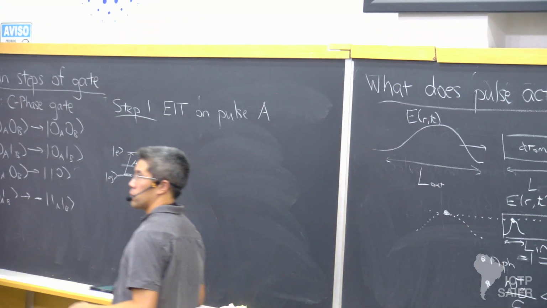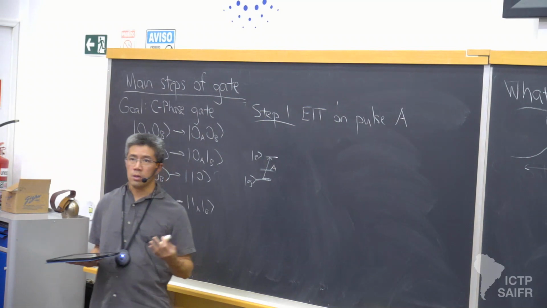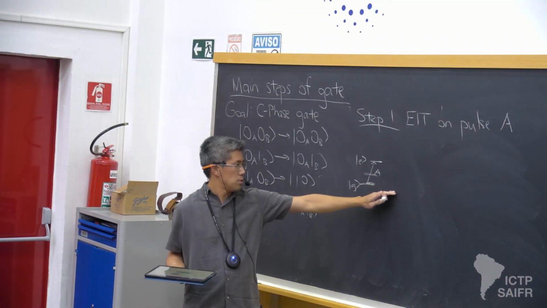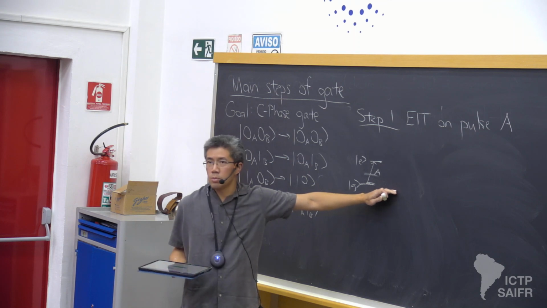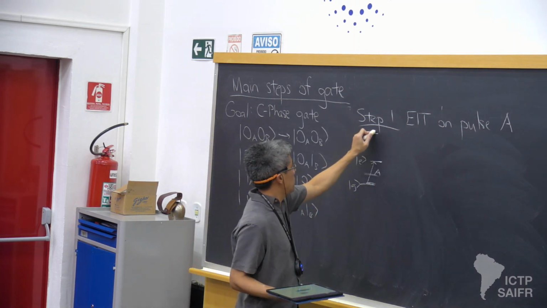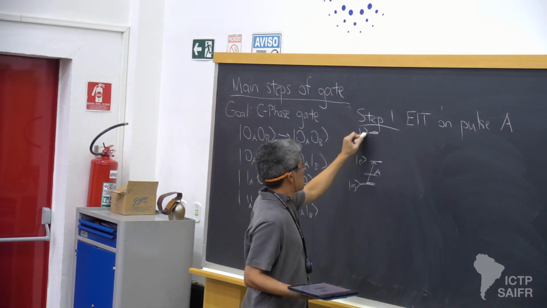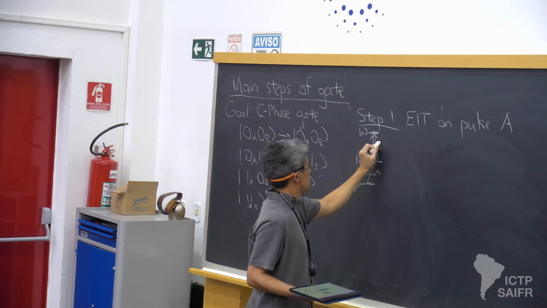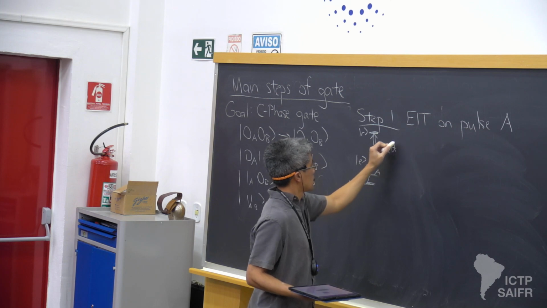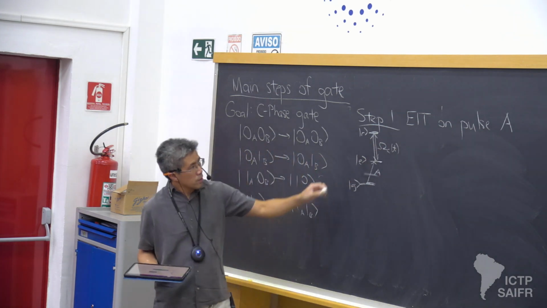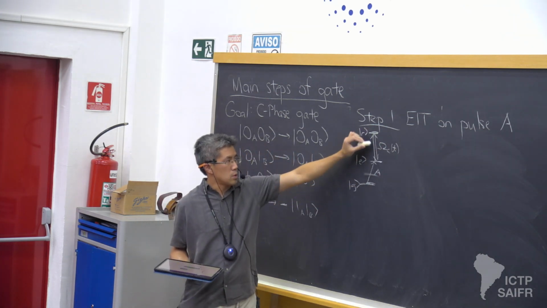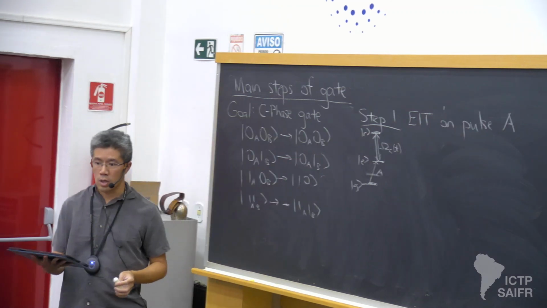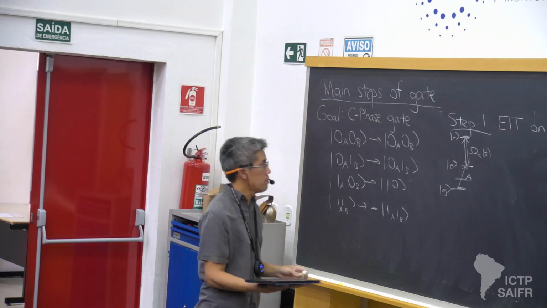And then we'll do EIT. So we need a long-lived state, a metastable state. But instead of using a true ground state, like I showed before, we're actually going to try and map up to a Rydberg level. The fact that you're trying to map to a higher energy state rather than lower doesn't change any of the equations or physics that I described before.